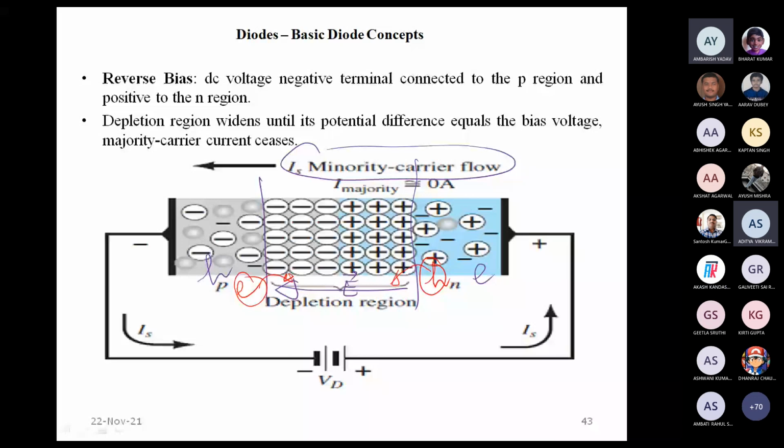This field applies forces on the holes and electrons in such a way that electrons will go into the n region and holes will go into the p region. Okay, so we can see that there is still a possibility of transfer of these charge carriers, which are called minority charge carriers. So minority charge carriers can flow.